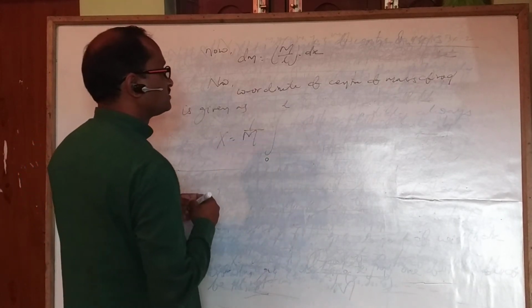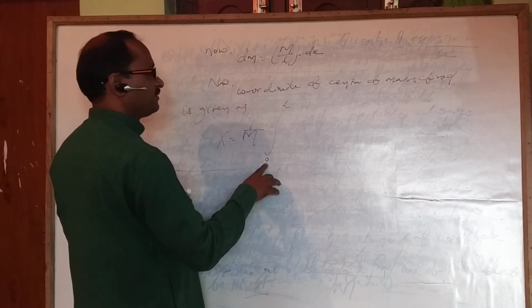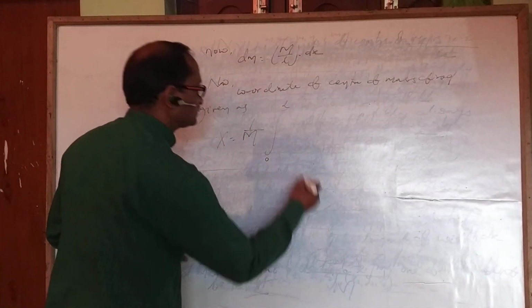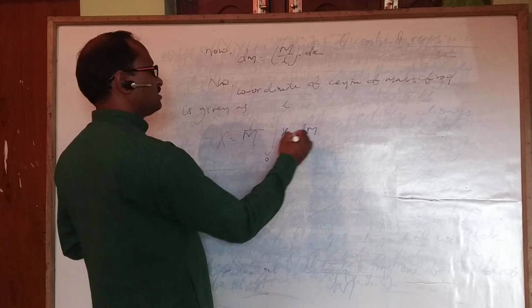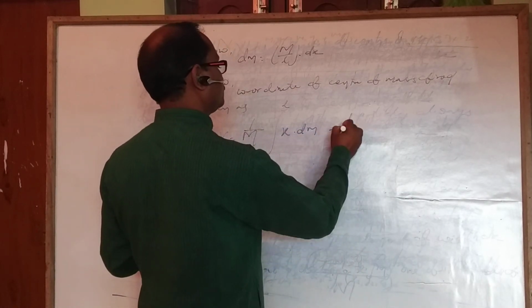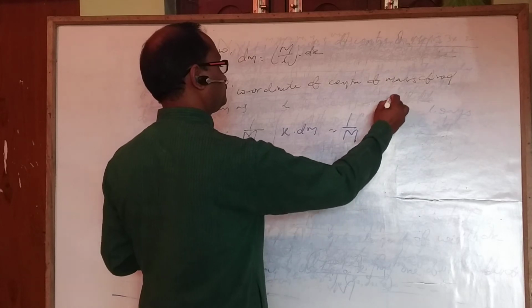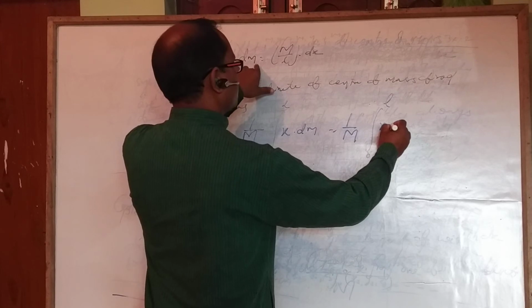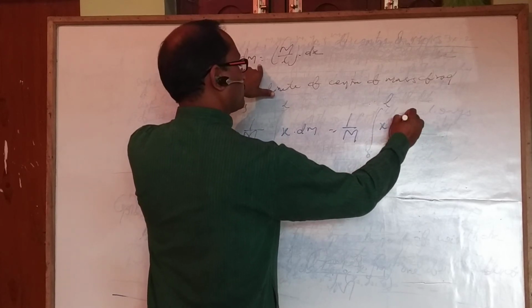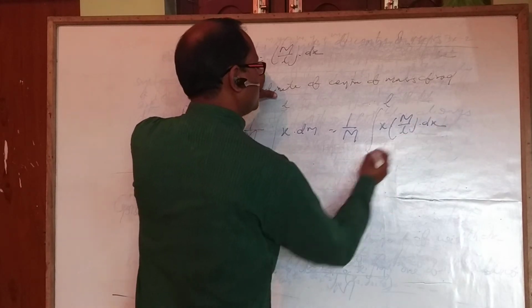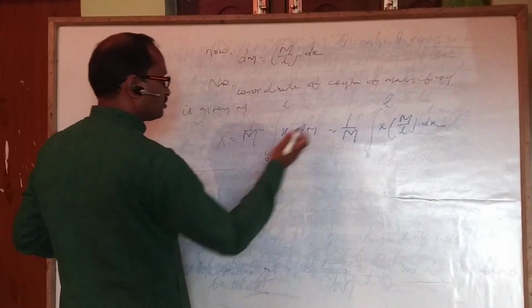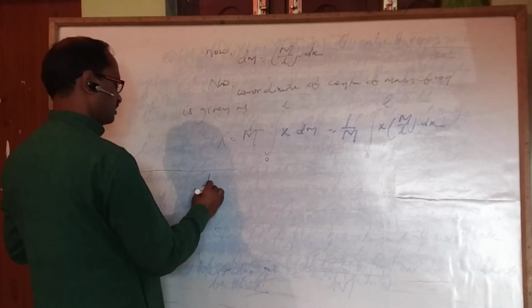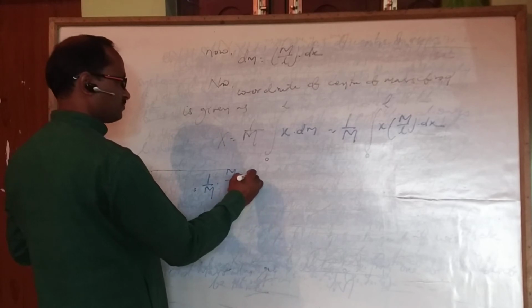As the length of rod is L, the lower limit of the definite integral will be 0 and upper limit will be L. We place the value of dm, M by L into dx. Here both M and L are constant, hence we can take M by L out of the integral sign.